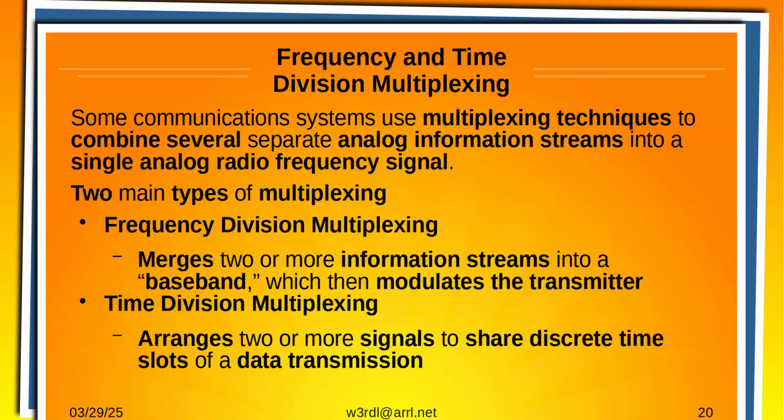Frequency and time division multiplexing. Essentially 2 types, either frequency or time. In the case of frequency, you're going to take 1 or 2 or more baseband signals and modulate the transmitter or the carrier and get information at different frequencies.